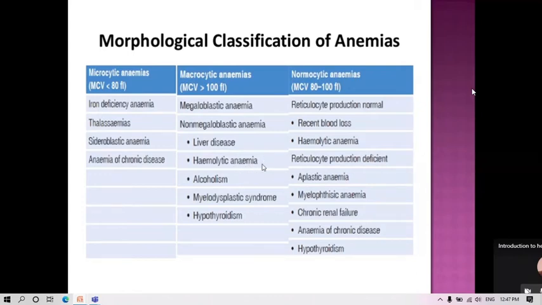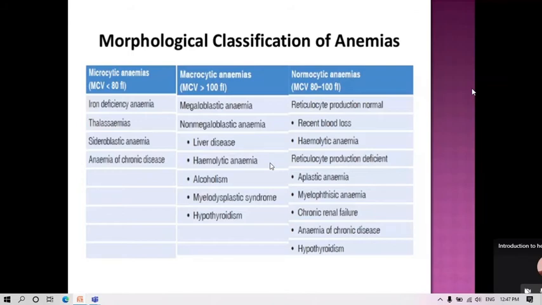So when you take the sample of blood and run it in the automated analyzer, those reticulocytes will also pass through the aperture, and they will displace more fluid, so the peak which will be generated will be higher. That will indicate the volume of the RBCs. So those reticulocytes are responsible for high MCV in hemolytic anemias.